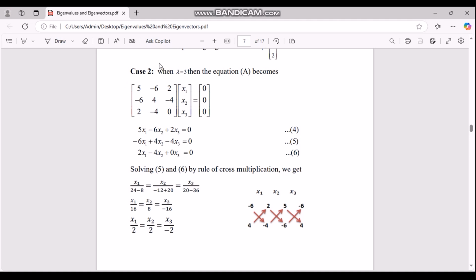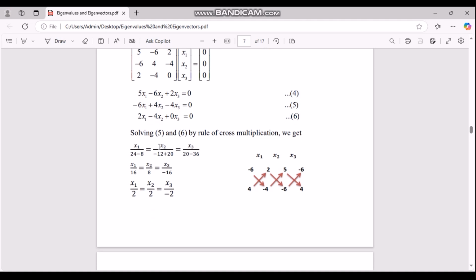On simplification, putting lambda equal to 3, we again get a 3 by 3 matrix like this, and you form a linear system of three equations. Instead of solving three equations in three unknowns, we use the cross rule method, and here we select two distinct equations to get the solution. If you select the two equations as the same, you get the solution as 0, so you avoid this case.